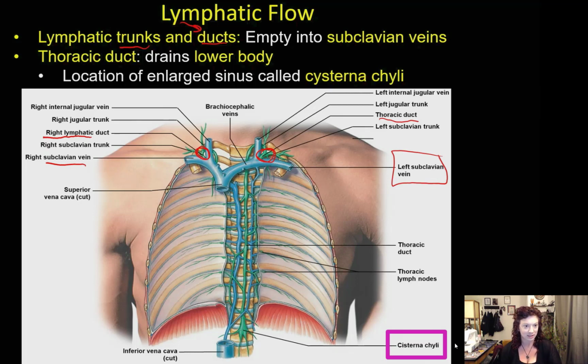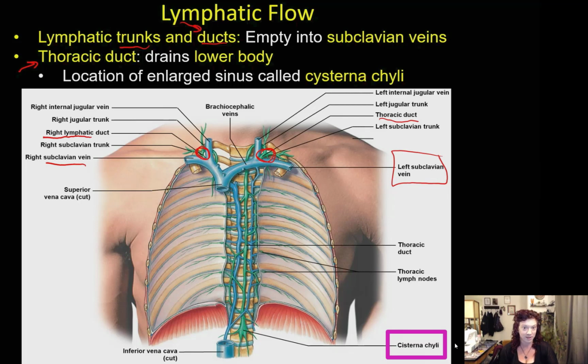Now if you notice in the drawings, the thoracic duct is significantly larger than the lymphatic duct. And the reason is the thoracic duct is responsible for draining the entire lower body. In fact, there has to be another sort of stopover point along the lymphatic trunk on its way from the lower body to the upper body, because there is so much lymph being accumulated and sent upwards. There sort of has to be a holding point for it.